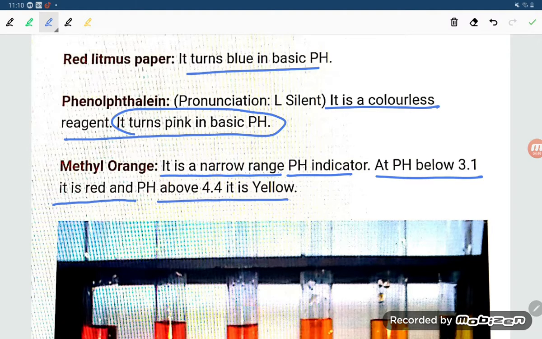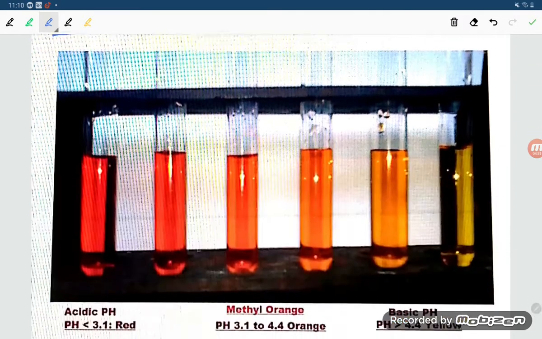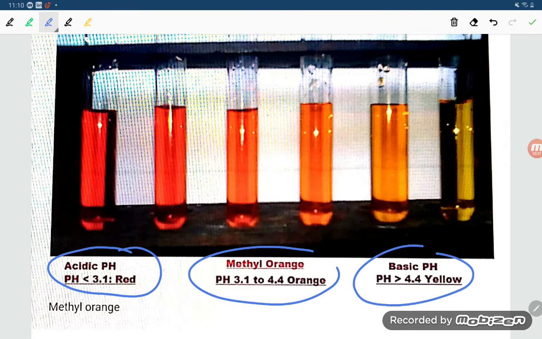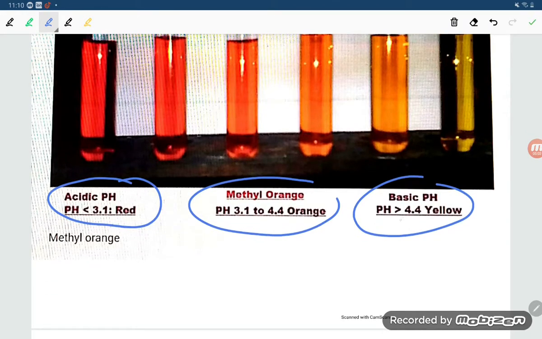So for methyl orange, below 3.1 is the red case, 3.1 to 4.4 is the orange case, and above that it is yellow.